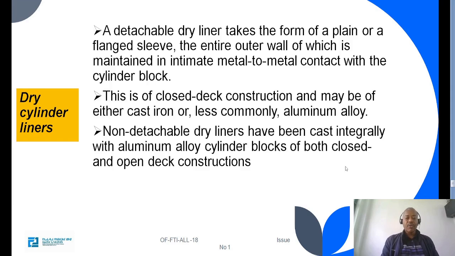This is of closed deck construction and may be of either cast iron or, less commonly, aluminum alloy. Non-detachable dry liners have been cast integrally with aluminum alloy cylinder blocks of both closed and open deck construction.